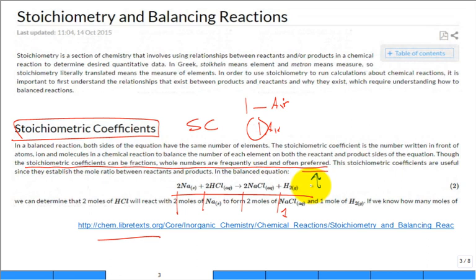It's a decent stoichiometric coefficient, okay? Now, if somebody says, well, you must use a fraction. Well, great. Then I'm going to put 21 over 79. Or 79 over 21. You could put that, but don't do it. Let's put in the 3.76 for the stoichiometric coefficient on the nitrogen.